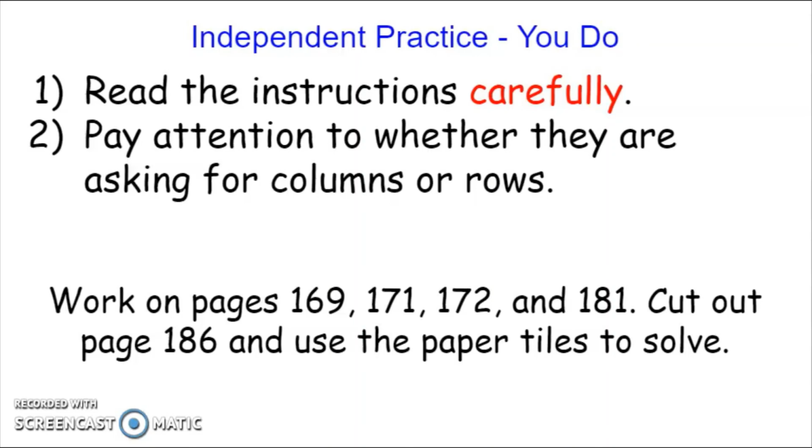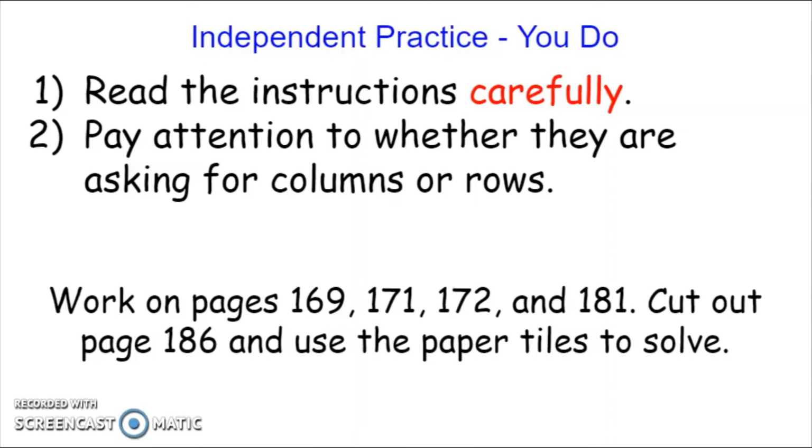And lastly, let's review which pages you all are going to be working on. Work on pages 169, 171, 172, and 181. Cut out page 186 and use the paper tiles to help you solve. If you need access to the worksheet, please click the link in the description box below.